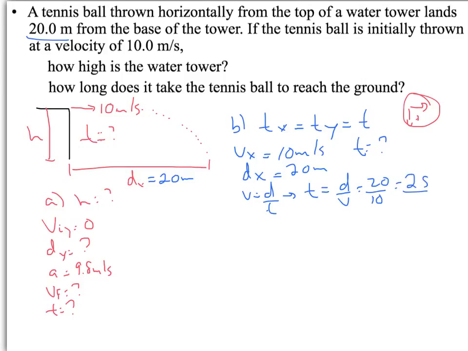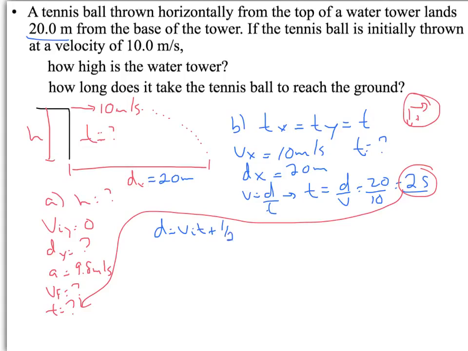We can now plug that into our equation there. Now, let's see what we get. So let's use the equation d equals Vi t plus 1/2 a t squared. We plug our numbers in. We're looking for d.